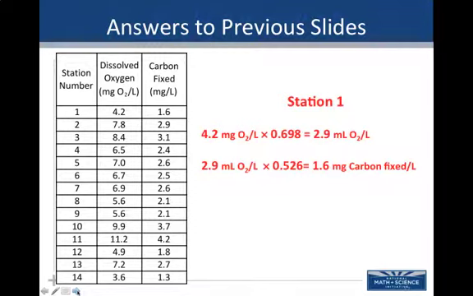I made a second column here where I've put all the answers for stations 2 through 14, which if you want to practice with this equation, I highly recommend. It's called the primary productivity calculation, and it is found right below rate and growth on your student formula sheet. No need to memorize this. You will have this formula sheet during the test.